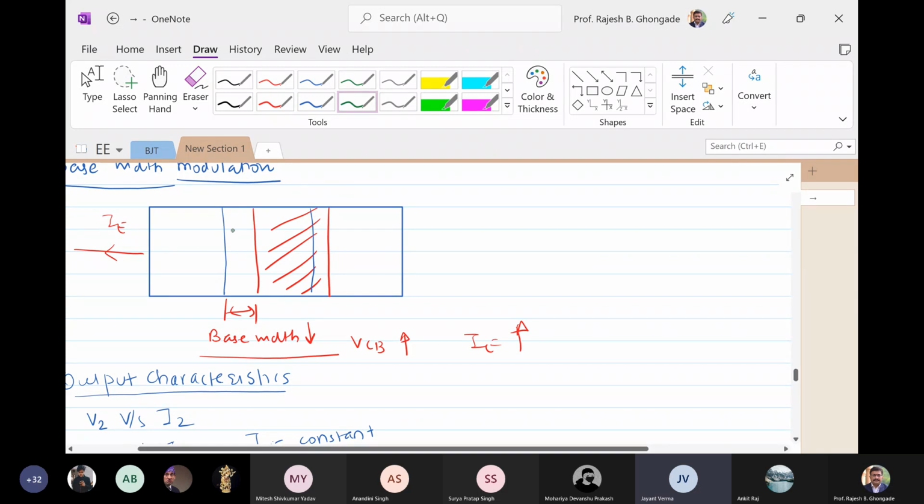Sir, it will decrease. और बढ़ जाएगा ना? हाँ सर. और बढ़ जाएगा. रिवर्स बायस कर रहा हूं तो डिप्लीशन रीजन और बढ़ जाएगा. और ऐसी एक स्टेज आएगी where this depletion region will actually touch this base emitter junction. Yes, sir. तो ये डायरेक्ट कॉन्ट्रैक्ट हो गया ना. Yes, sir. And so very large current will start flowing into the transistor.